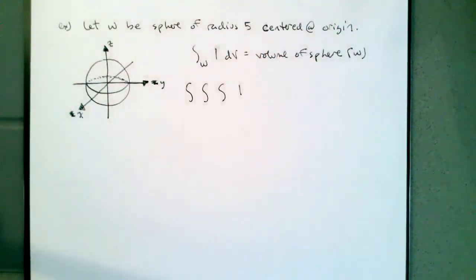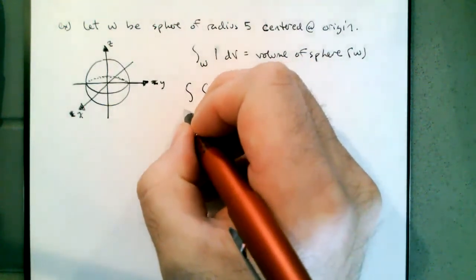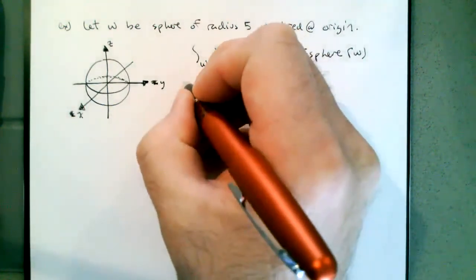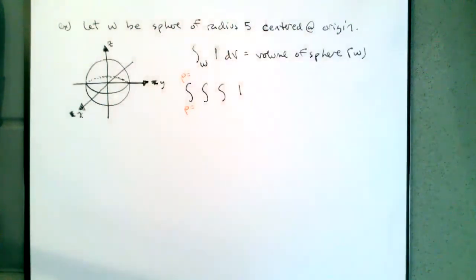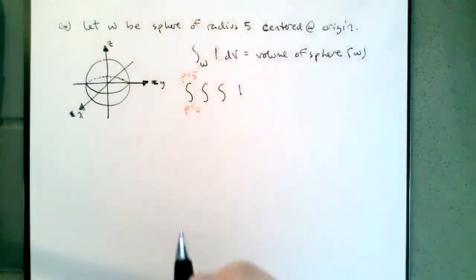The tricky thing is that we can't just integrate d rho, d theta, d phi, because d theta and d phi are not lengths. So I'm going to put rho on the outside. And I'm going to integrate over all the radii. So rho should go from 0 to 5, because that's the radius of the sphere. I'm looking at everything from the origin to 5 units away from the origin.